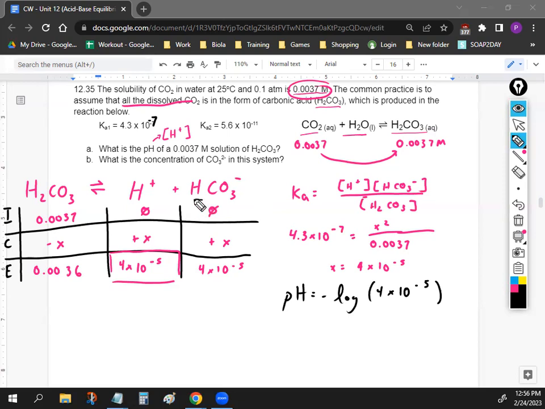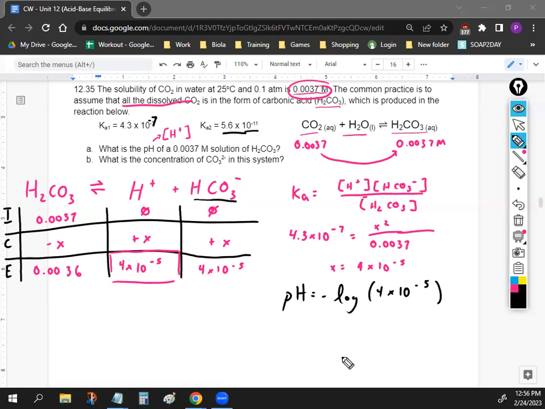If you take a look at HCO3 minus, this is a very weak base, and you can tell because look at how small the Ka2 value is. Even though some of it is going to ionize, it's going to release so little H+ into the solution that it's not going to be much different than finding the pH value for this.